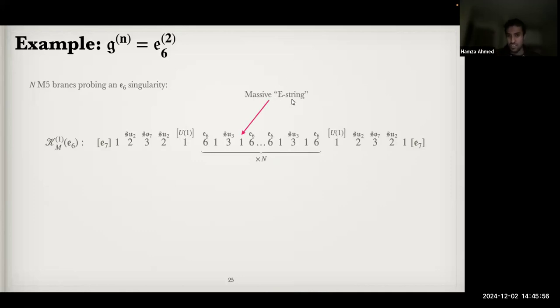And in this case, it's this E-string, this empty one curve, or no, I shouldn't say curve. I didn't introduce geometry. It's the empty one node. And the matter associated, this is sort of like massive matter on the tensor branch, because the string is tensionful, is in representations of SU3 times E6. And in particular, the matter is given here.